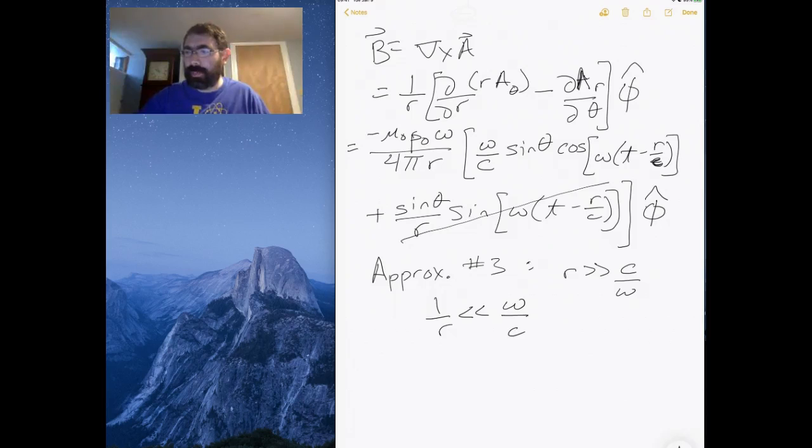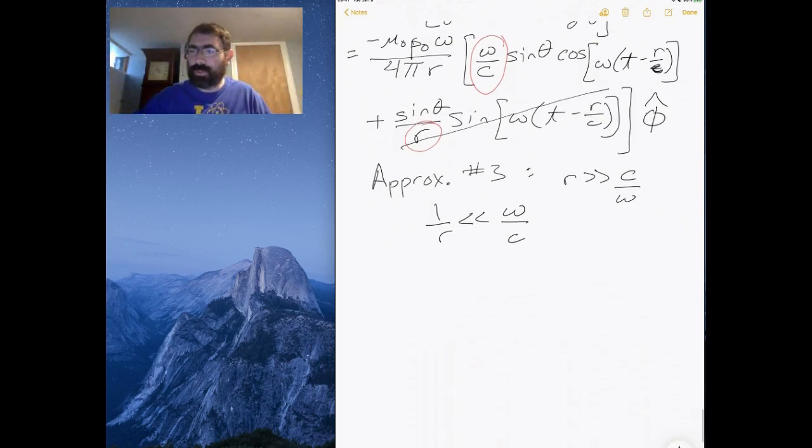They both have a sine theta in their terms, and they both have a trig function, cosine or sine, with respect to the time. But what I'm saying is that this term here, omega over c, is much bigger than this term 1 over r. So I can neglect that second term, so I can make that approximation.